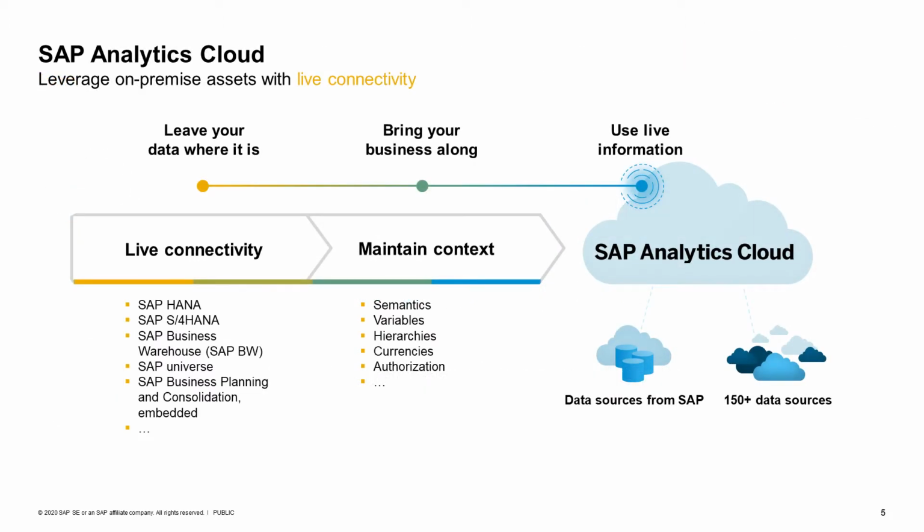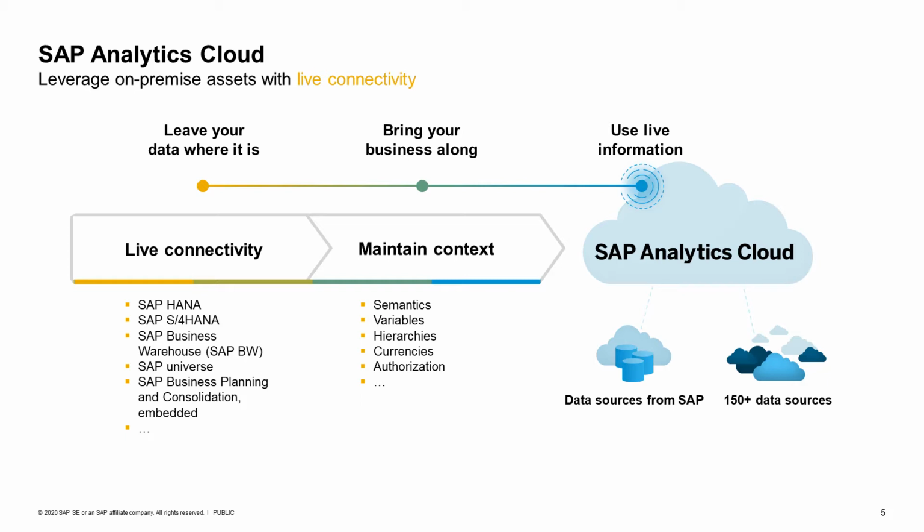So what is exactly SAC Live Connectivity on top of on-premise data sources? This means that SAC uses a live data connectivity where the data remains where it is originally located on its on-prem system.